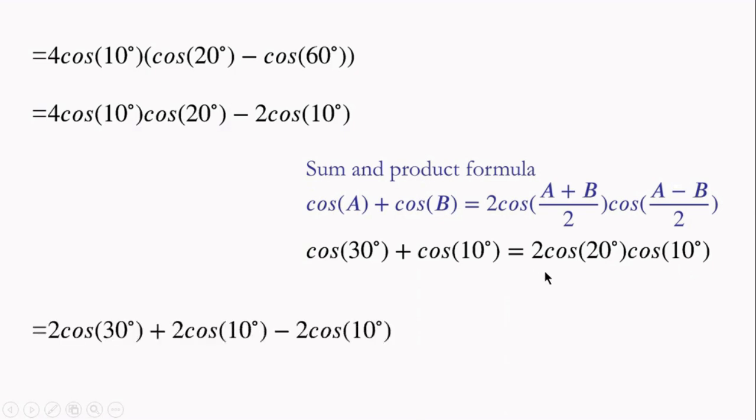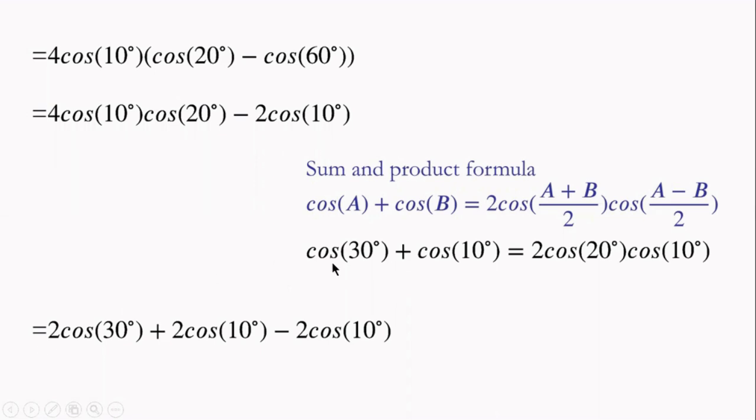We know that 2 cosine 20 degrees cosine 10 degrees can be written as cosine 30 degrees plus cosine 10 degrees. So 4 cosine 10 degrees cosine 20 degrees is equal to 2 times cosine 30 degrees plus 2 times cosine 10 degrees.